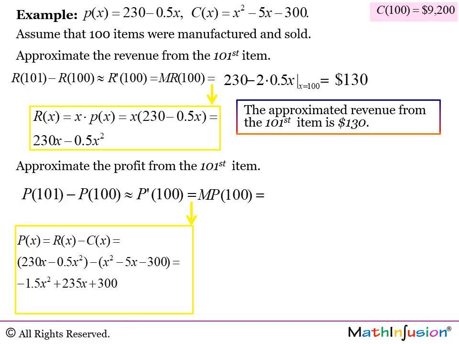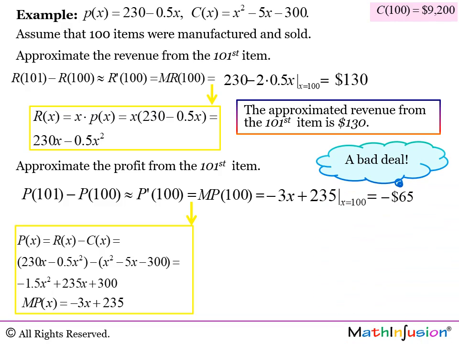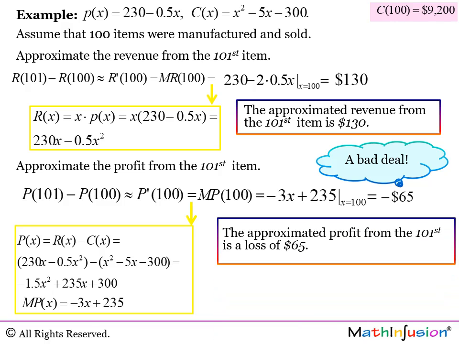Now we are going to differentiate that. We get negative 3x plus 235. We substitute 100 and we get negative $65. This is a loss. It is a bad deal. We already knew that this manufacturer in those conditions should not produce so many items. The approximated profit from the 101st item is a loss of $65.